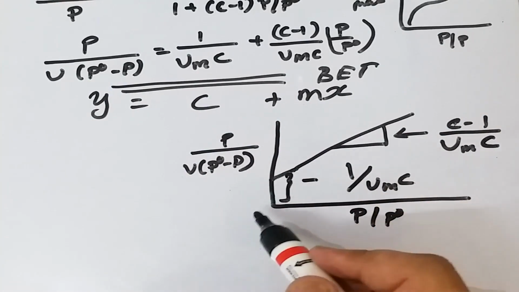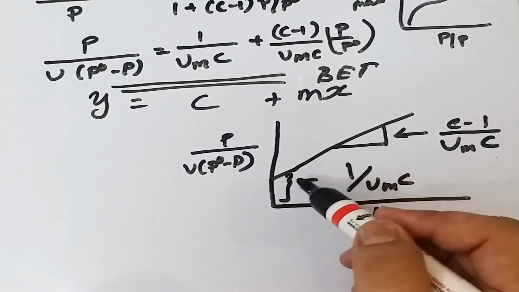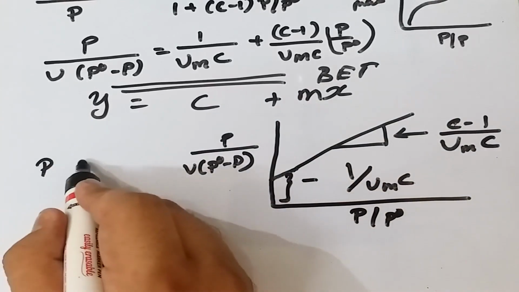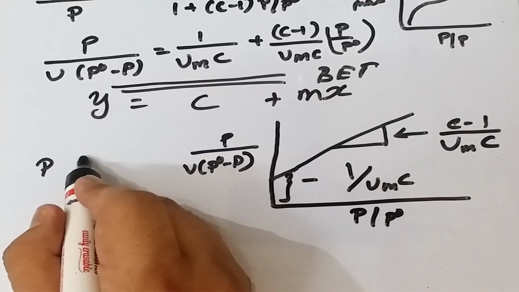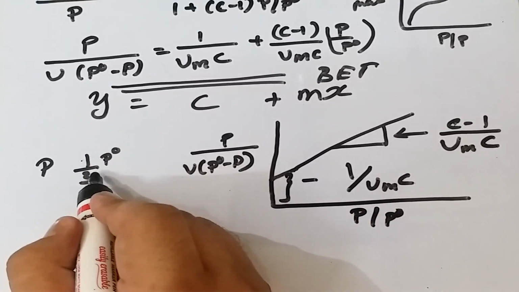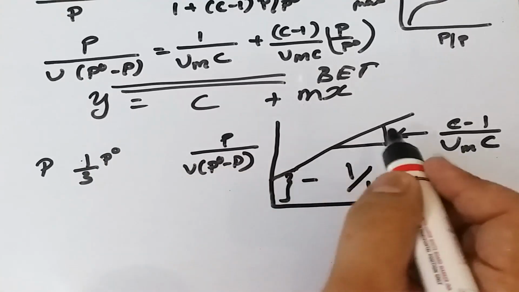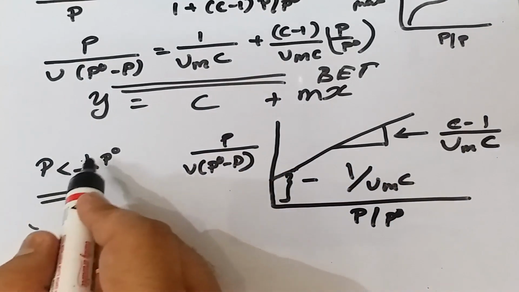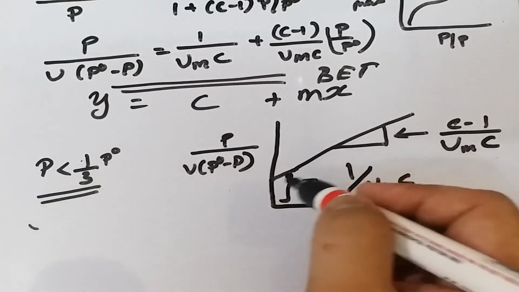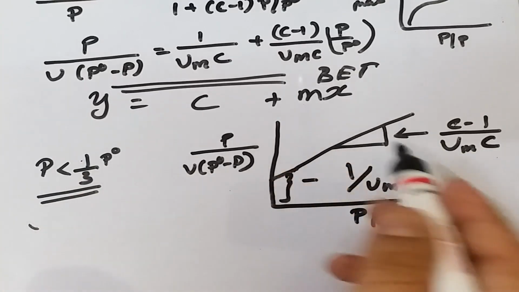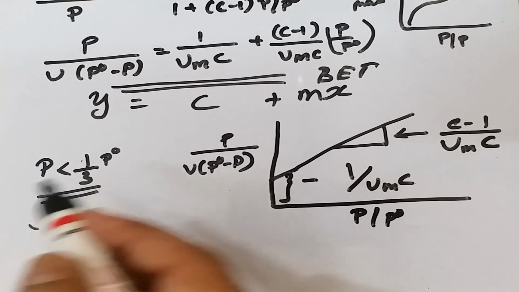In most of the experimental cases we are getting a straight line, but whenever the pressure P exceeds 1/3 of the liquefaction pressure, at that time we may not get the straight line, and this is one of the limitations of the BET isotherm. In all the cases where P is less than 1/3 of P0, this equation holds very good for all the adsorption isotherms, and experimentally also this relation is proved and it holds very good.